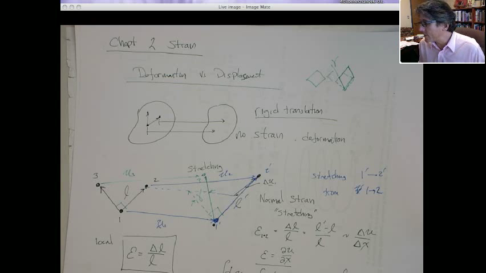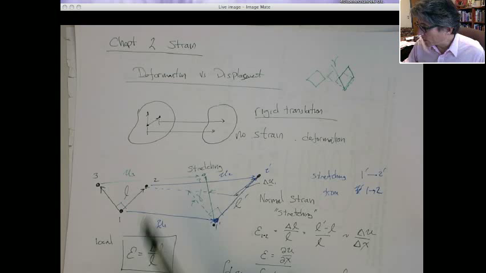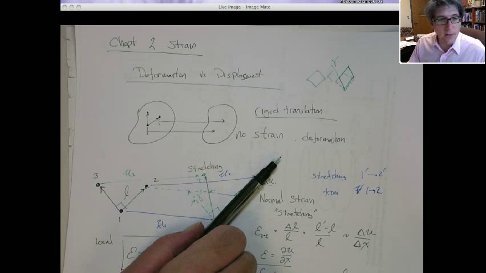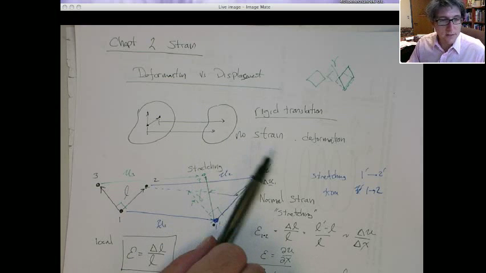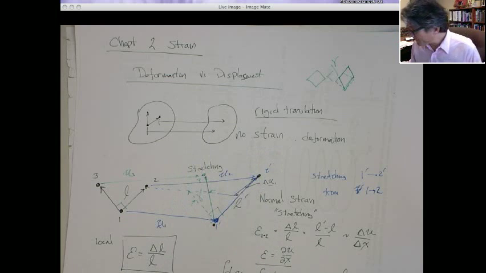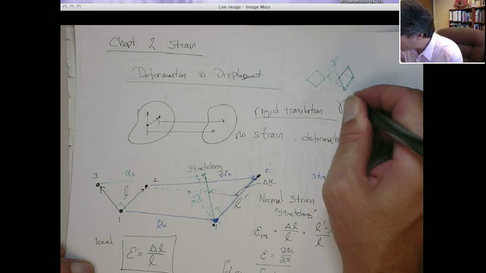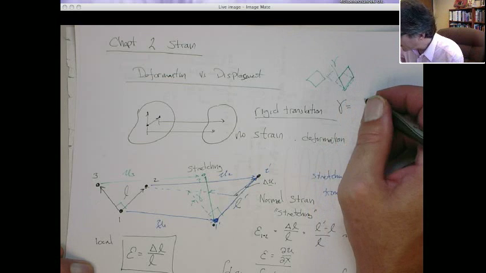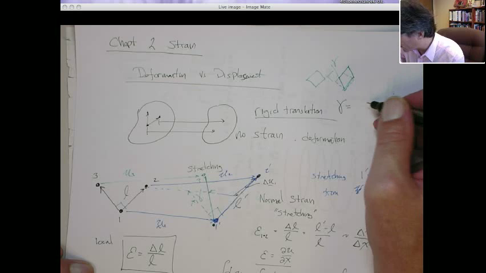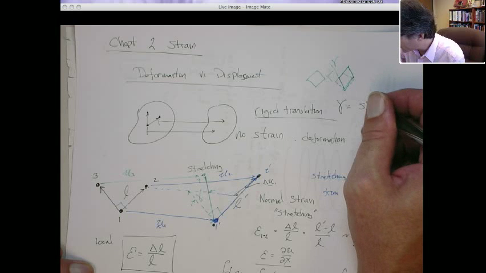And the deformation you can see is associated to that angle change. It only makes sense relative to another line, but that gives you this angle change gamma, and that is the shear strain. So gamma is the shear strain, and it is that angle change.